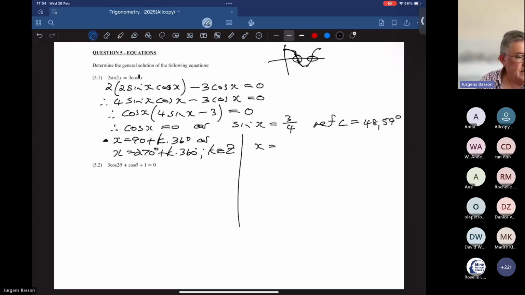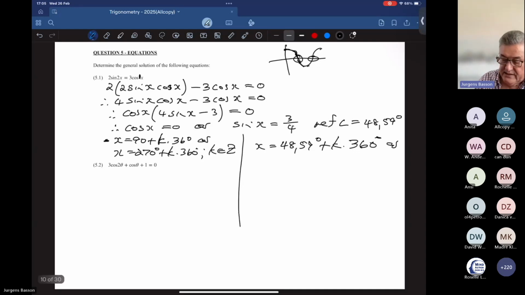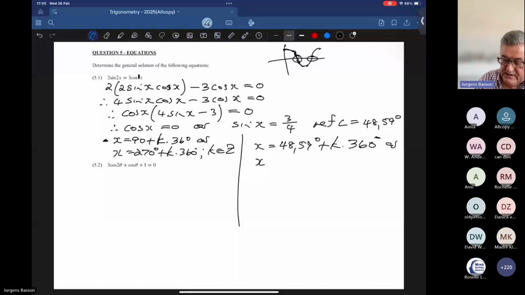So my x is then 48,59 degrees plus k times 360, or, it is sine, so it's the second quadrant, so it's 180 minus that, so we must say or x is equal to 180 minus 48,59, which will give us 131,41 plus k times 360, where k is an element of z.